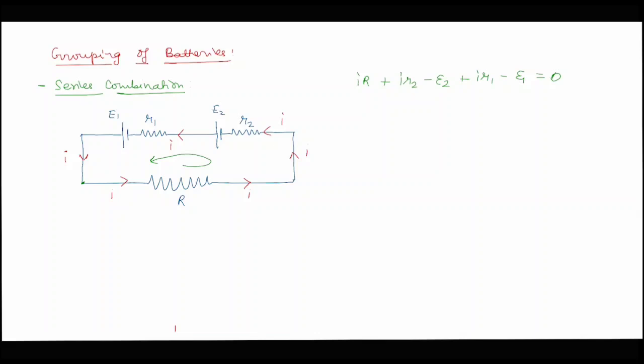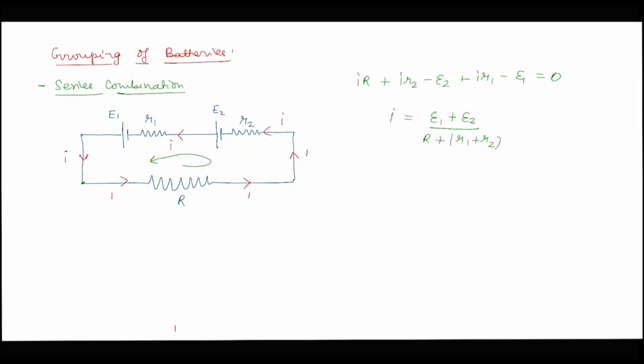And from here we can calculate the value of I. The value of current is calculated as E1 plus E2 upon capital R plus R1 plus R2.